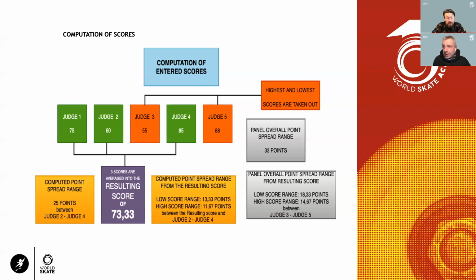Because when I look at the scores in our example, we have three judges from 70 to 88, which is quite close, within the same range, and then we have two that are lower, but thanks to the system it kind of shifts down, and to me that's a negative potential effect.